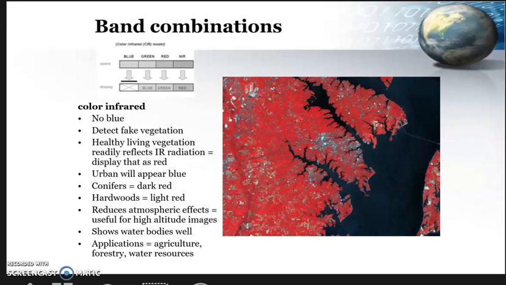And then we know that conifers, which are a type of tree, appear dark red, and hardwood trees appear light red. Infrared reduces atmospheric effects, which is useful for high altitude images. It shows bodies of water well, and we can use this in agriculture, forestry, and water resources.